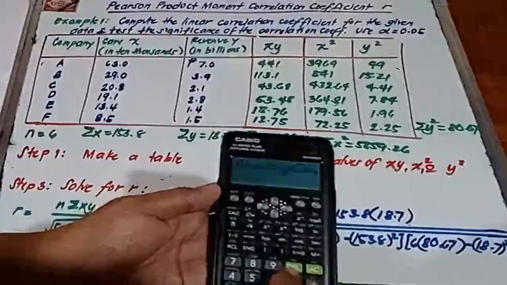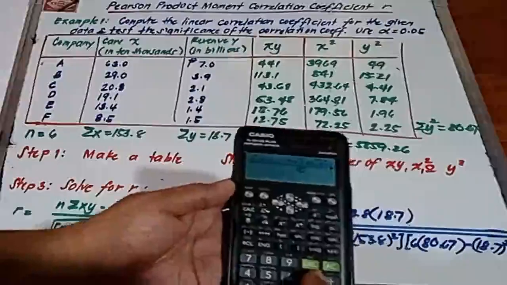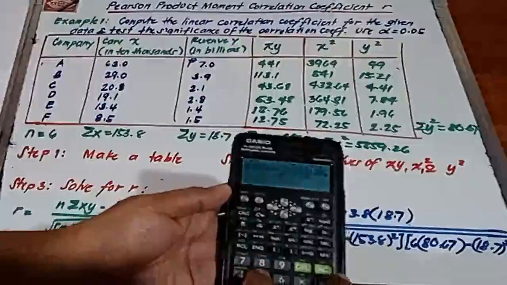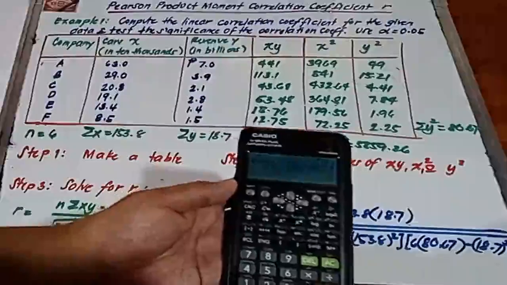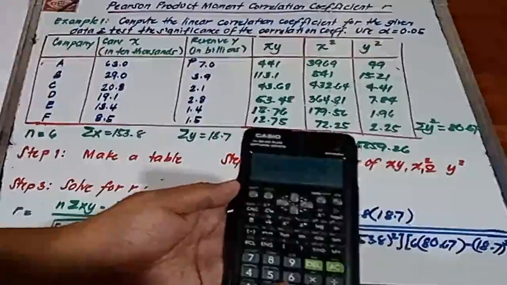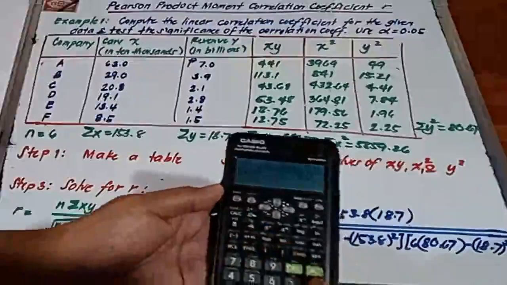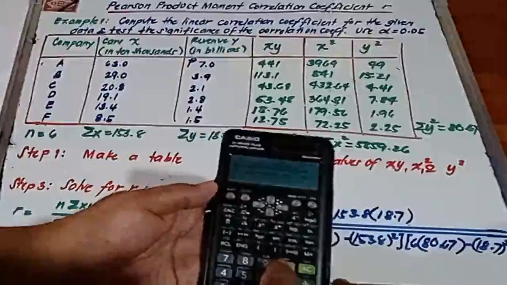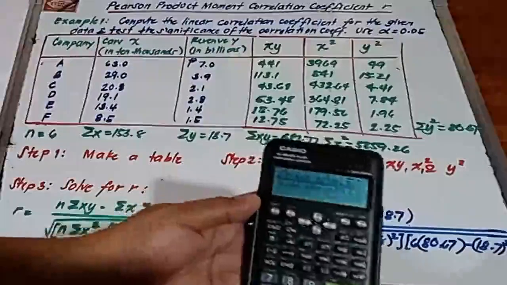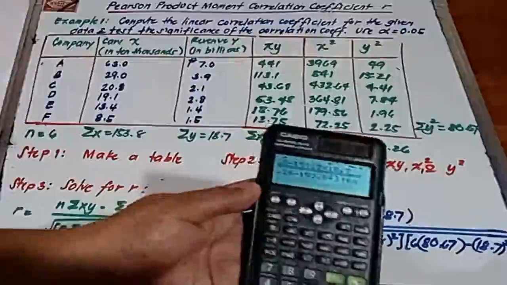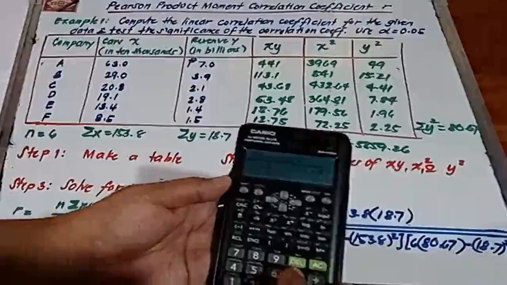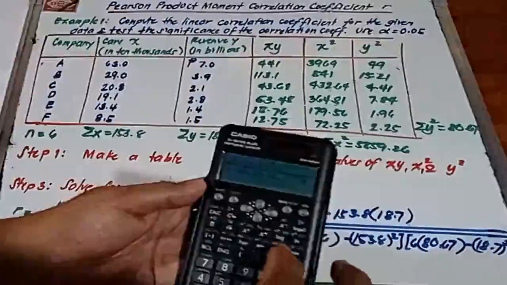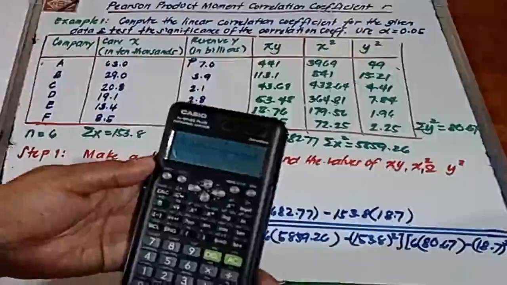Sa baba, we have square root, parenthesis, 6 times 5859.26 minus 153.8 squared, close parenthesis, times, open parenthesis, 6 times 80.67 minus 18.7 squared, close parenthesis, then equals.